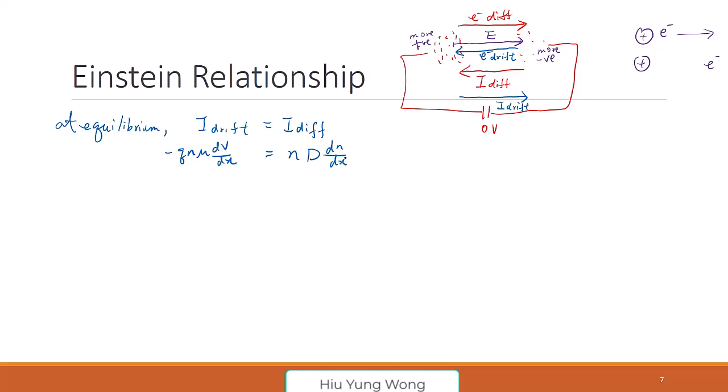Okay. Now, if we go back and just assume Boltzmann statistics, this one I did not teach you. You learned it in earlier classes. If you don't know this one, it will be good to review. We know n equals n0 exponential of negative (E minus EF) divided by KT.